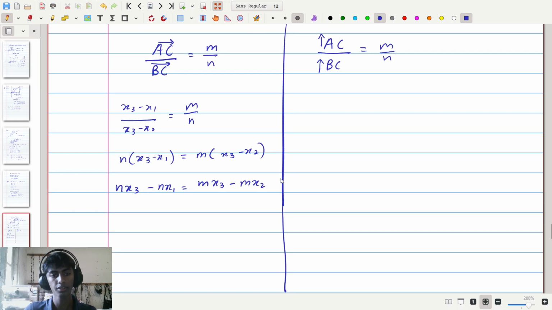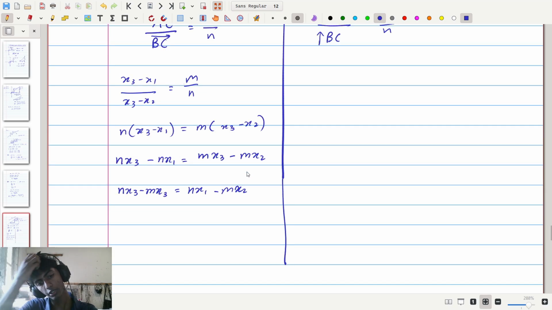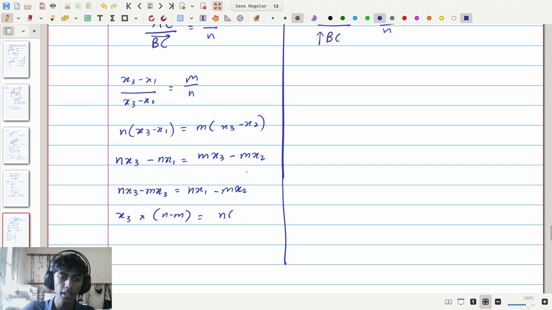Now if I take all the x3 terms to one side, I get nx3 minus mx3 is equal to nx1 minus mx2. Taking the common factor of x3 out of the left side, we see x3 times (n minus m) is equal to nx1 minus mx2. Finally, the x3 coordinate is equal to (nx1 minus mx2) divided by (n minus m).